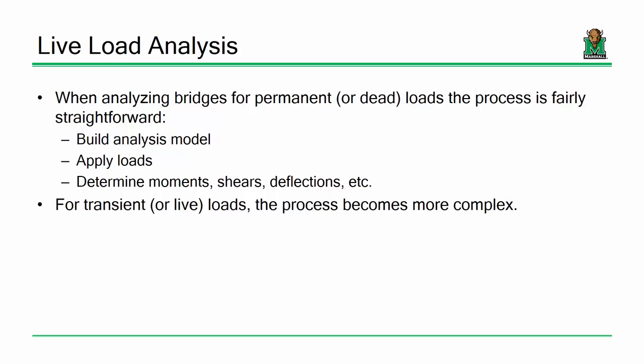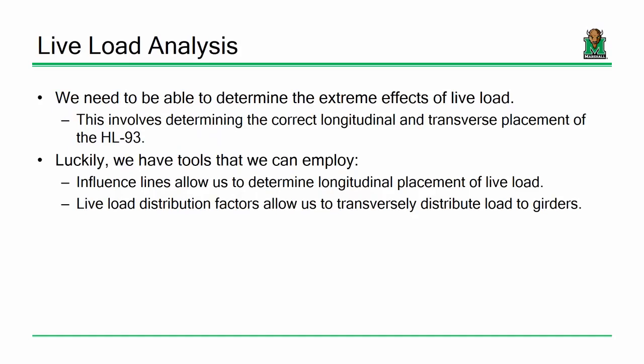When you're dealing with transient loads, however, or live loads, it's a little different because the loads move. Now, what that's going to mean for us is we're going to stop thinking about things like moment and shear diagrams, and we're going to start thinking about things like moment and shear envelopes.